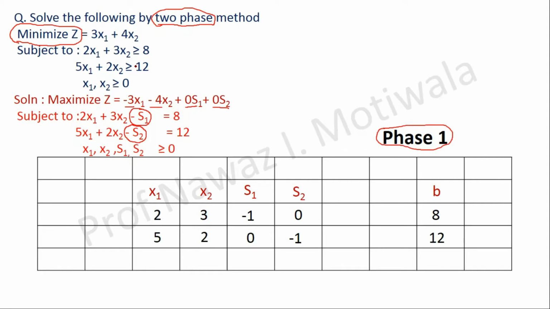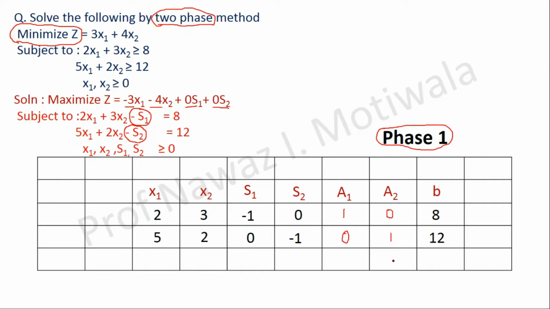Now you will observe that there is no variable giving me an identity matrix. So I will introduce two artificial variables a1 and a2, and the matrix will be such that a1 will have 1, 0 and a2 will have 0, 1 as the coefficients in the equations.